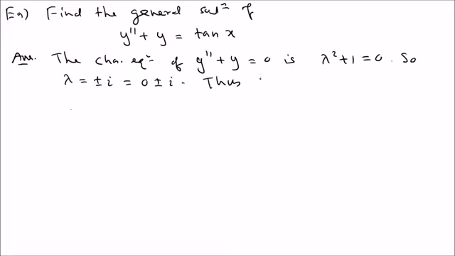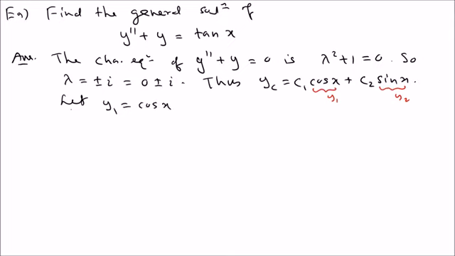So yc has the form c1 cos x + c2 sin x. We're going to pick these two functions as y1 and y2. The order doesn't matter. Let y1 = cos x and y2 = sin x.